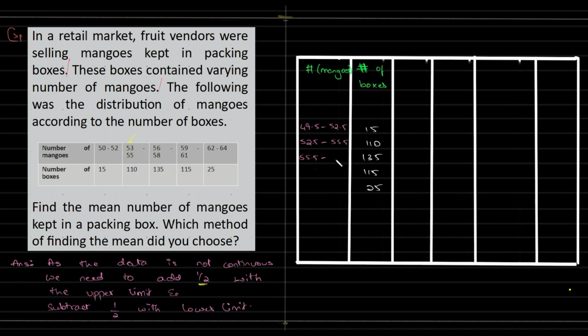And this is 58.5. We have 58.5 to 61.5. We have 61.5 to 64.5. Right? So this is your continuous data now.